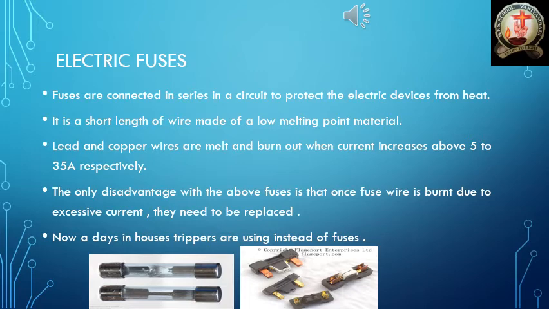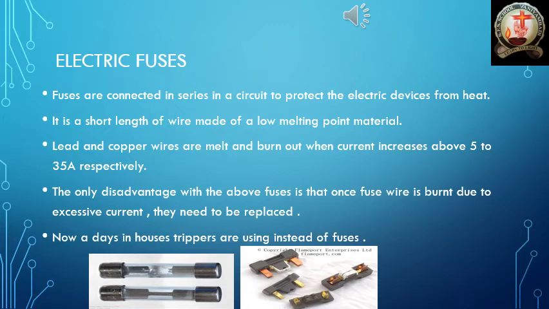This is the limit. Now, there are not only advantages but also disadvantages with these fuses. What is the disadvantage? Once the fuse wire is burnt due to excessive current, it needs to be replaced.